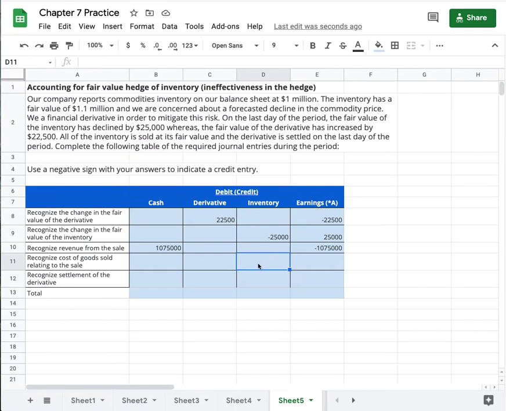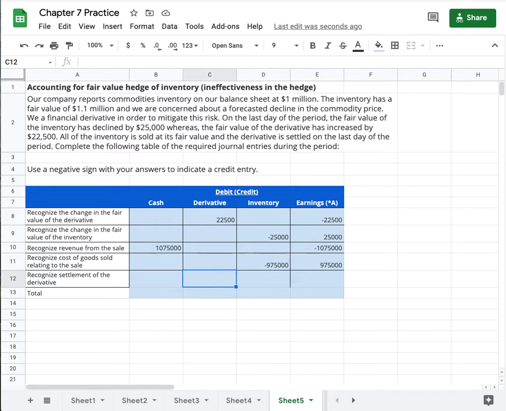And so we'll do the 1 million minus the 25,000 decline in inventory for 975,000, and then recognize settlement of the derivative.